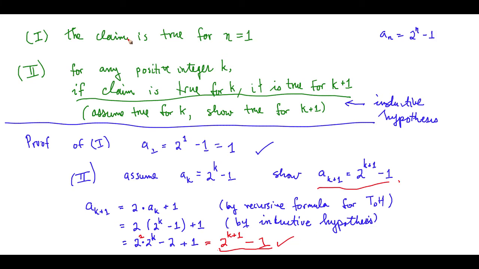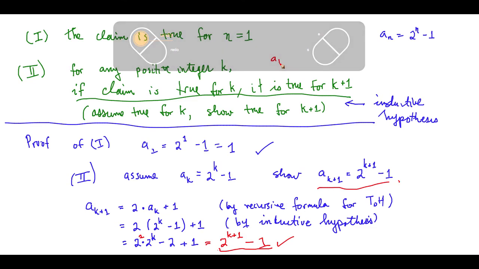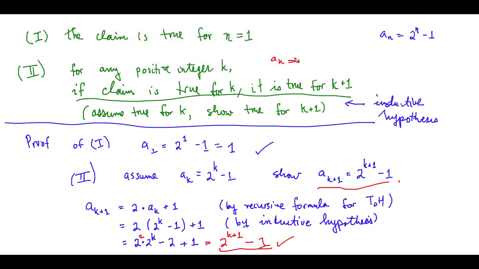So we know that the claim is true for the very basic case of n equals 1, and we know that if the claim is true for all numbers k, if it's true for k, then it must be true for k plus 1. So this is another way of saying a sub k implies that a sub k plus 1 is true.